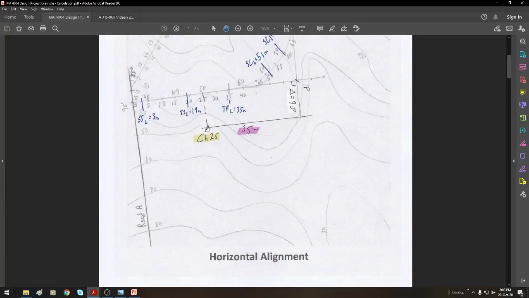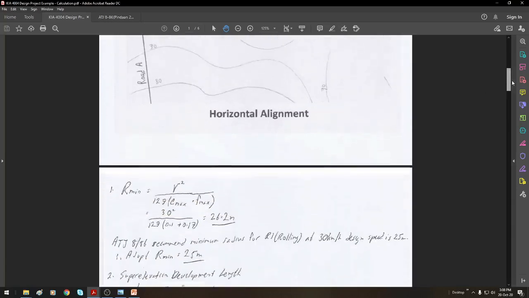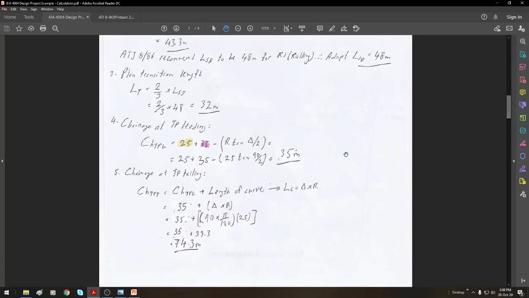So chainage 25 plus the length of 35 meters, and then the formula R tan delta over 2. You calculate the value and get the chainage of TPL, tangent point leading, so the TPL is at chainage 35.